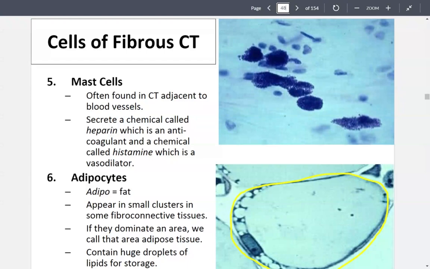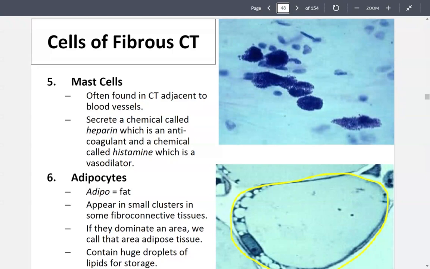And then the other chemical that mast cells are going to secrete is something called histamine. Now you might be going, histamine, isn't that the thing that I want to reduce when I have allergies? It's what causes all my allergic symptoms. Yes, histamine is responsible for that. But histamine is naturally produced and responsible for a variety of protective mechanisms in the body.